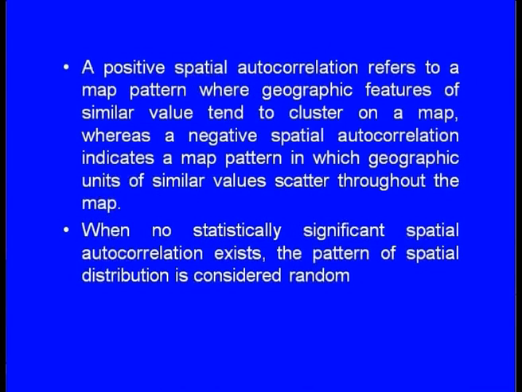A positive spatial autocorrelation refers to a map pattern where geographic features of a similar value tend to cluster on a map, whereas a negative spatial autocorrelation indicates a map pattern in which the geographic units of similar values scatter throughout the map. When no statistically significant spatial autocorrelation exists, the pattern of spatial distribution is considered random.